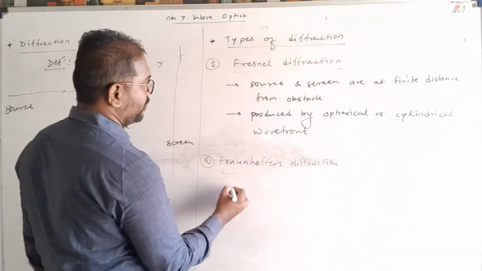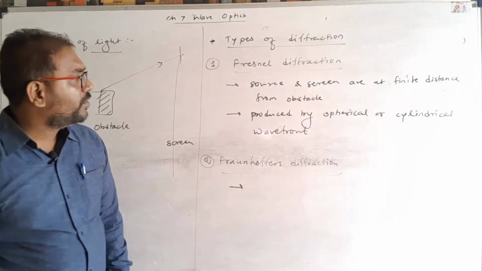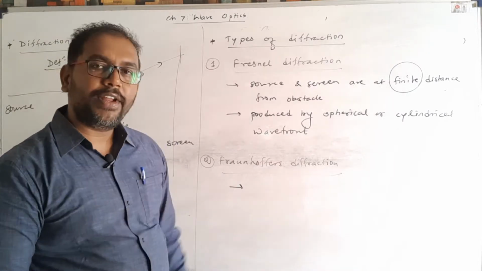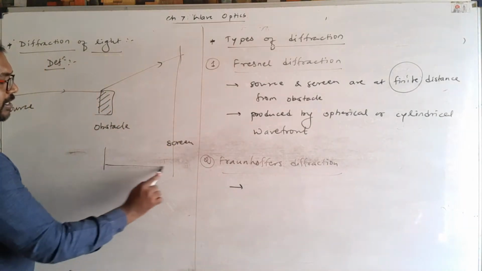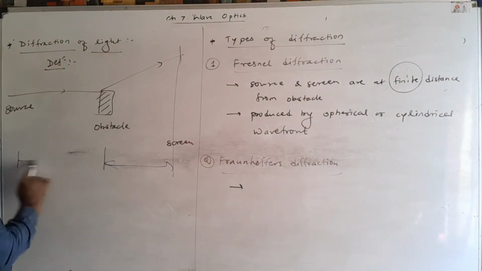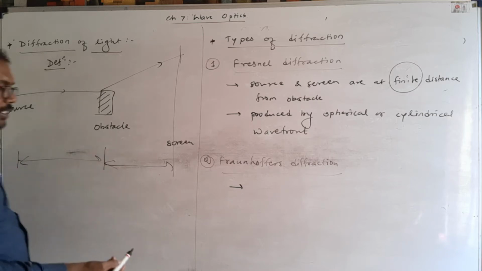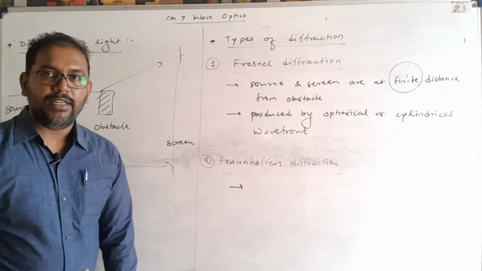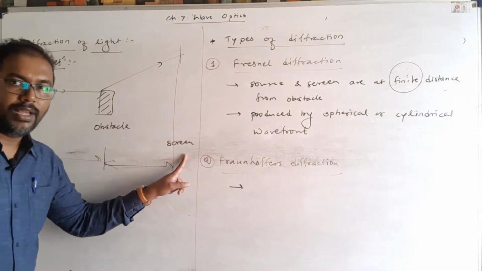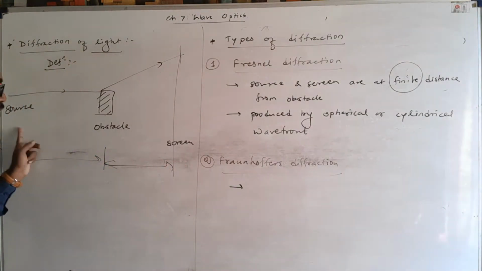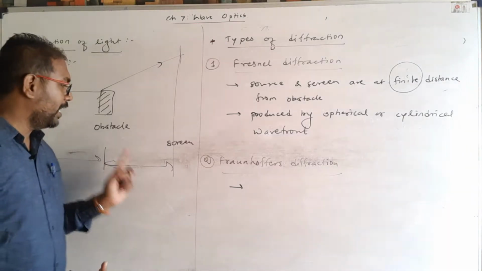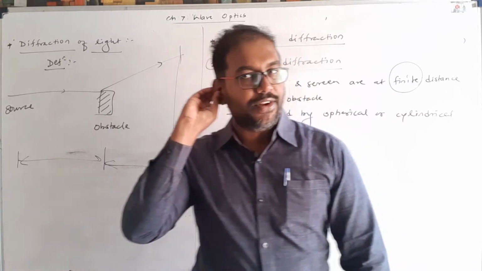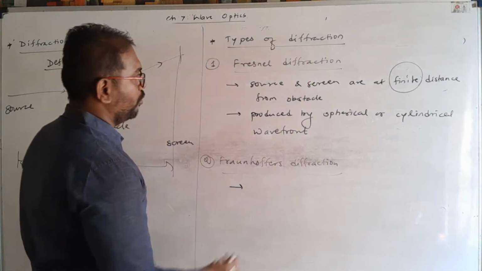Now Fraunhofer, what is Fraunhofer? So here distance is finite and here it is infinite. Means here obstacle to screen is infinite distance, source to obstacle again infinite distance. So in simple words we can say that the diffraction pattern in which screen and source are placed at infinite distance from the obstacle, that diffraction pattern is called Fraunhofer.